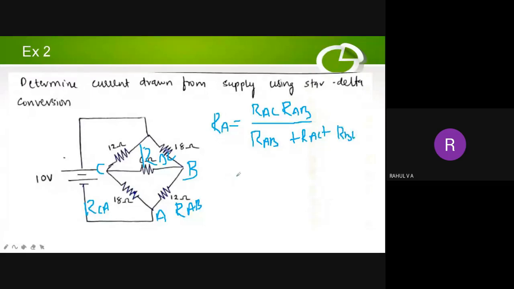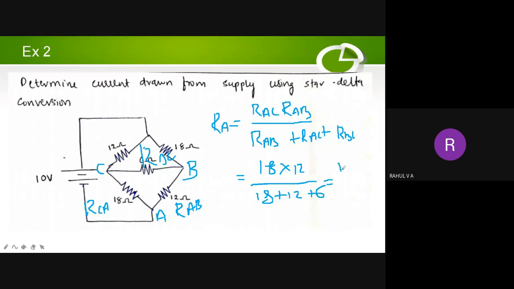So now it is RAC into RAB. RAC is 18 into RAB is 12, divided by 18 plus 12 plus 6.